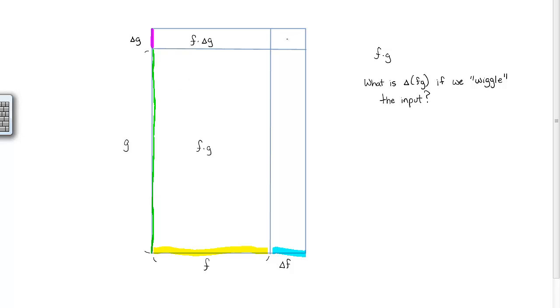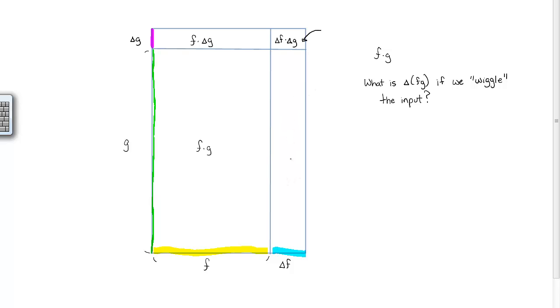The little block in the upper right-hand corner is delta f times delta g. So a little wiggle in f times a little wiggle in g. And something to point out about that area: if we wiggle f by less and wiggle g by less, that area is going to be really, really small. And in fact, it contributes very little to our problem in the long run, but we'll prove that.